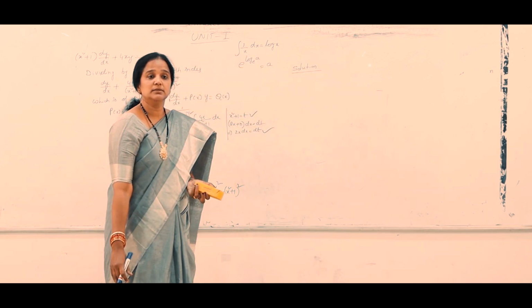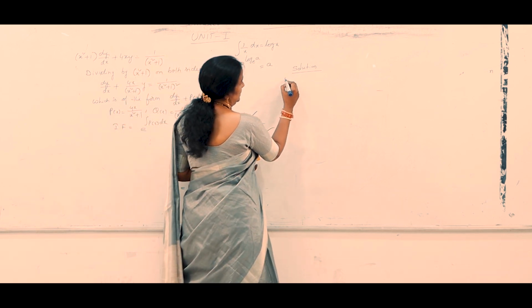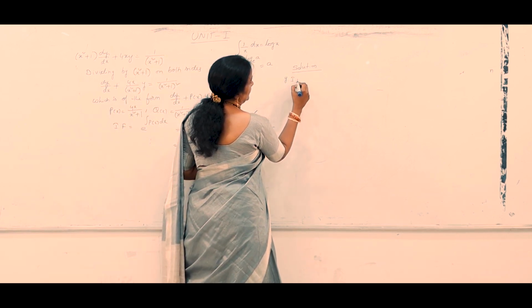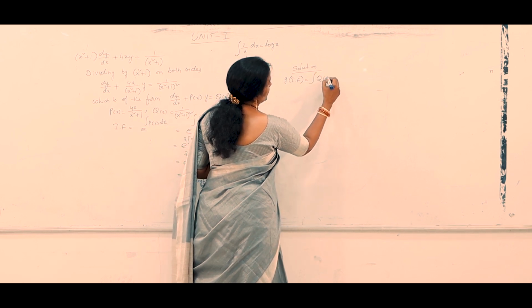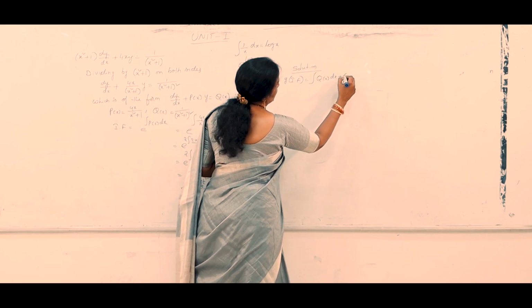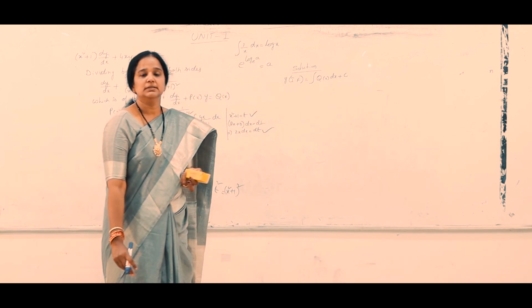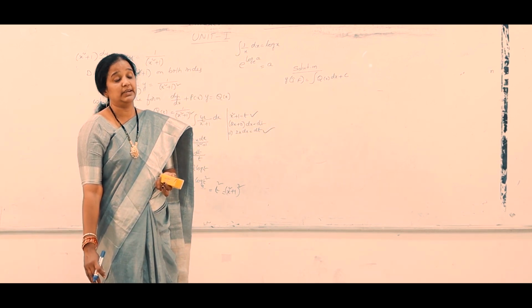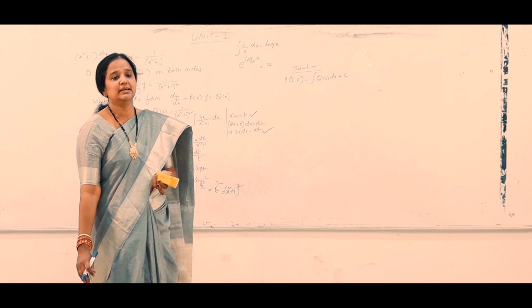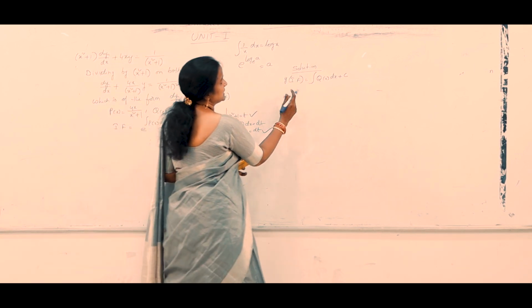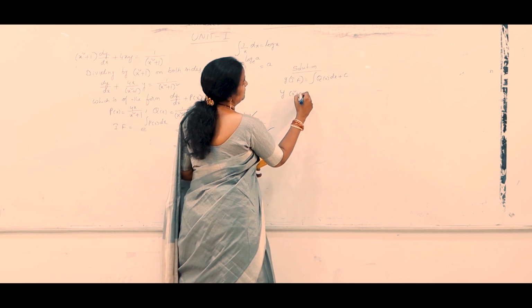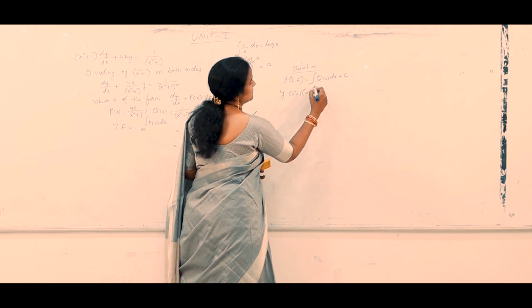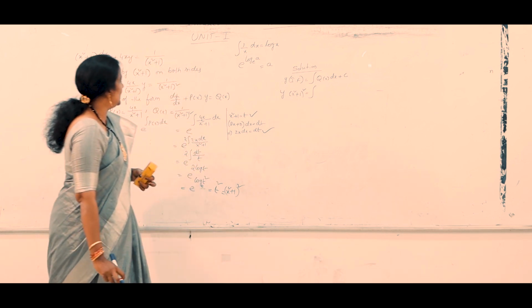What is the formula for the solution? y into integrating factor is equal to integral q of x dx plus c. This is the formula for linear differential equation. Now substitute in this equation. y into, what is IF? (x square plus 1) whole square is equal to, already we have the q value.